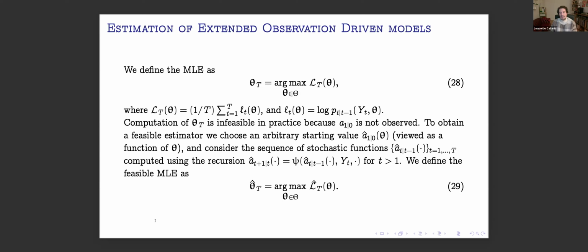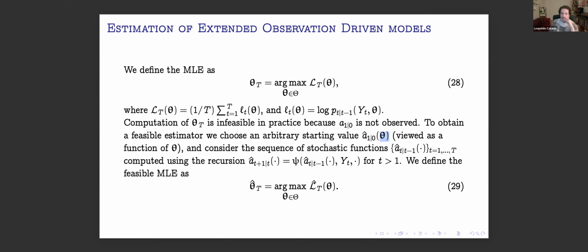And then we can define the MLE in this way, and we face the usual issues that we do not observe the value of the time varying parameter at time 1 or at time 0, depending when you want to start the recursion. And so for each choice of theta, we select some starting values, and then we construct a likelihood function based on this initialized recursion.